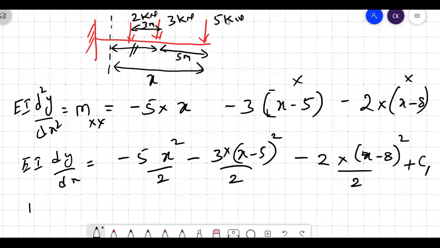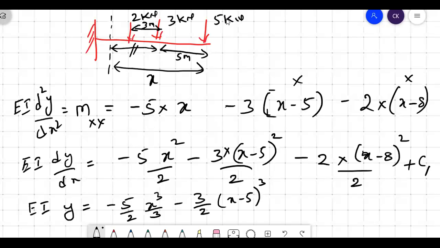Again integrating, EI y is equal to minus 5 by 2, and x square integral is x cube by 3, minus 3 by 2 into x minus 5 integral is x minus 5 by 3, and minus 2 by 2 into x minus 8 whole cube by 3 plus C1x plus C2.